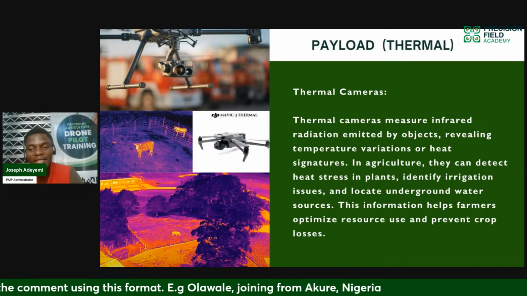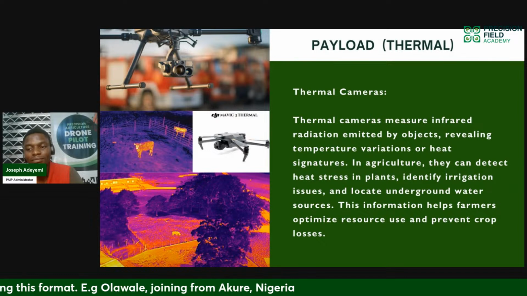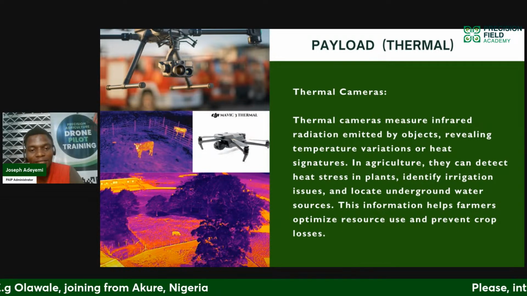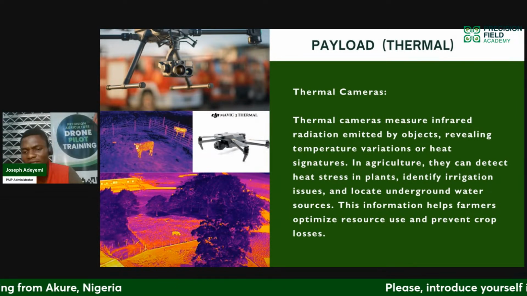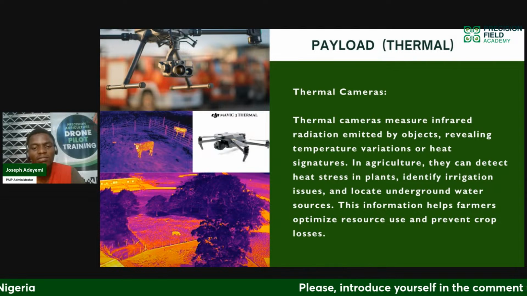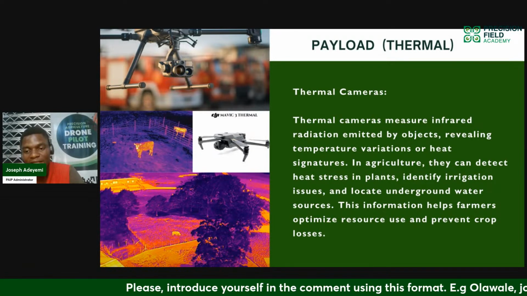Like, is it wet? Is the soil dry? Is there a lesser amount of water and all of that? So a thermal imaging camera can really help you to get this data.